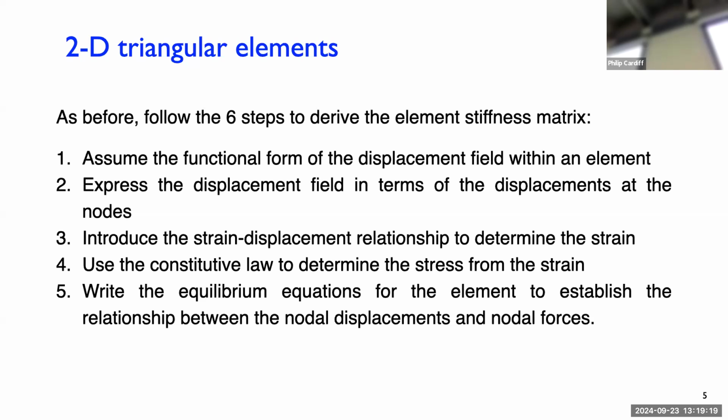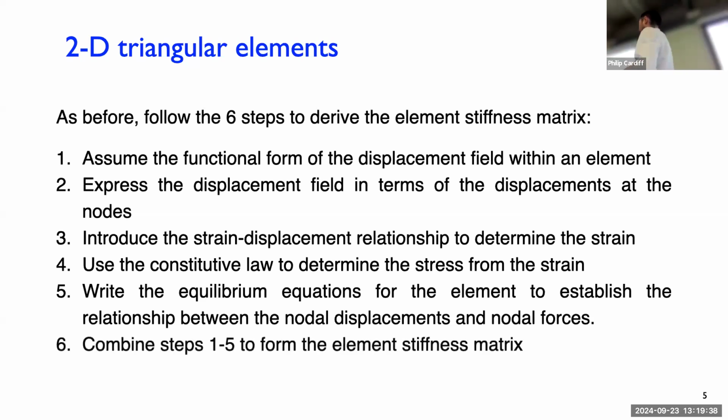All structural elements can be derived in this general way. But just to repeat, there are different approaches to deriving finite element equilibrium equations and stiffness matrices in the literature, and they'll all give you the same stiffness matrix, but some of them are different kinds of mathematical, philosophical approaches to the work.